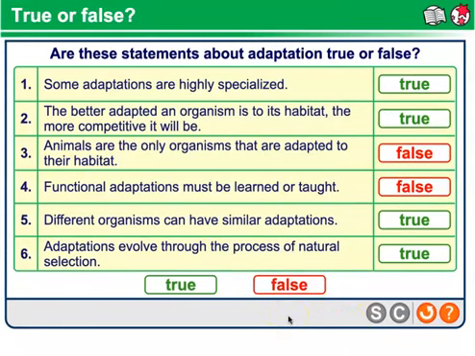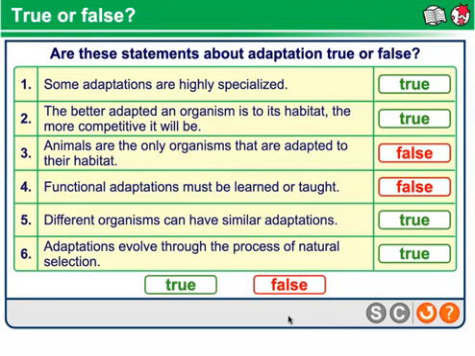So let's go through some true or false statements about adaptation. Some adaptations are highly specialized. That is true. The better adapted an organism is to its habitat, the more competitive it will be. That is also true. Animals are the only organisms that are adapted to their habitat. That's false.